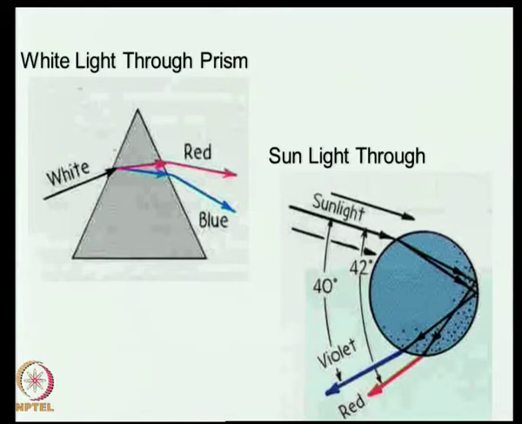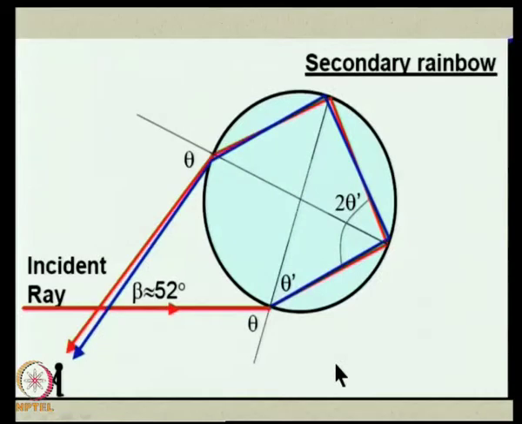This is similar to what you observed in your physics lab, when you send white light to a prism, red and blue come out because of the difference in refractive index, and the same thing is happening here. The red light undergoes a change in angle of about 42 degrees, while the violet light undergoes a change of about 40 degrees.